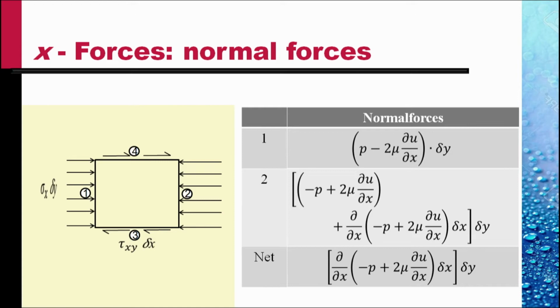Similarly, on surface 2, on the right side, the force is obtained by a Taylor's expansion of the force on 1. This force is towards the left, while the force on 1 is towards the right. So the net force is del by del x of minus p plus twice mu del u by del x, into del x into del y.